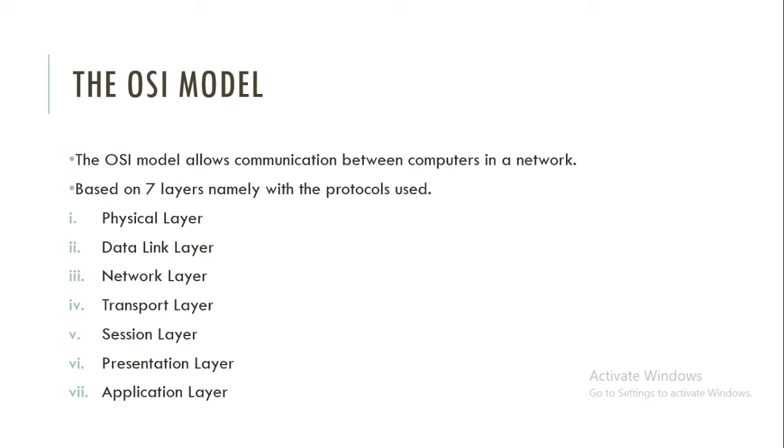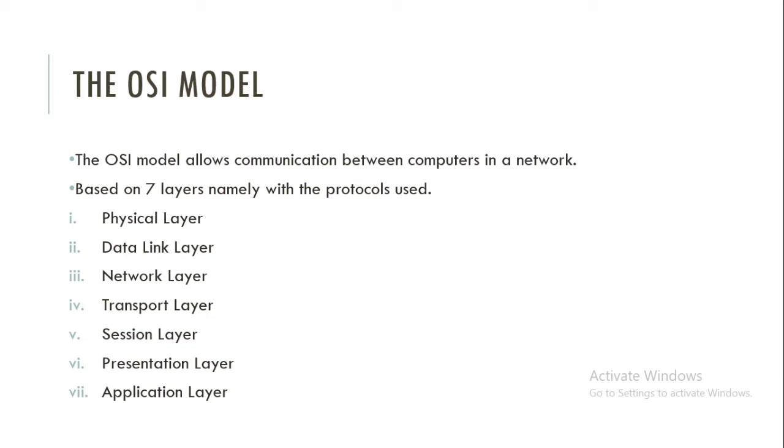For example, the physical layer basically uses Ethernet and the IEEE 802.11 protocol, and if we go to the data link layer, it uses PPP and Ethernet.